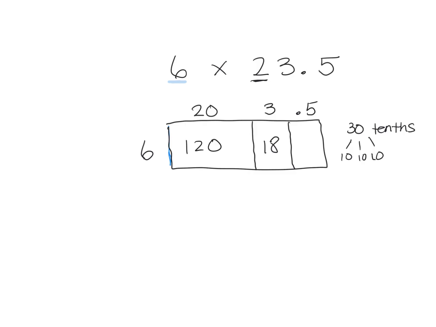There's nothing left over, so this ends up being just 3 wholes. That makes it easiest for us to add. We get 120 plus 18 plus 3. So that is 138 plus 3, and we have 141. So our answer is 141.